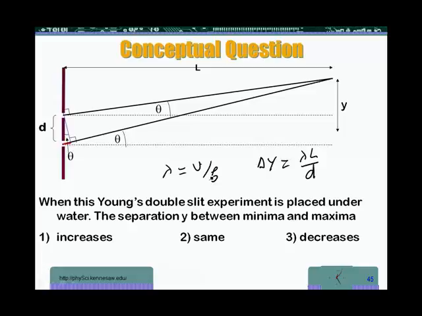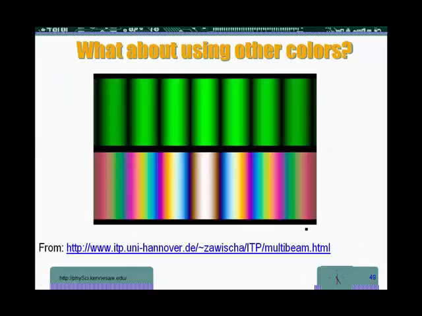The wavelength is going to decrease. So suddenly I have a smaller wavelength of light here. If I have a smaller lambda, my fringe separation is going to decrease.